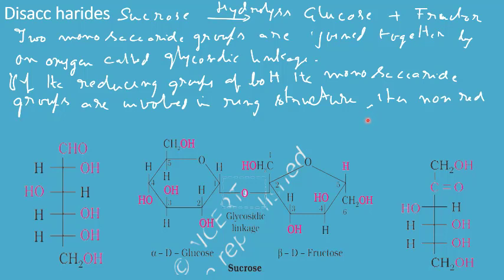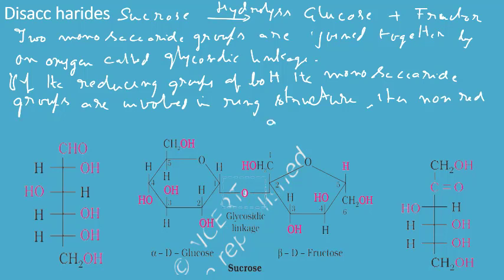Now here this is the glycosidic linkage, which is between C1 carbon and C2 carbon. This is C1, this is C2.